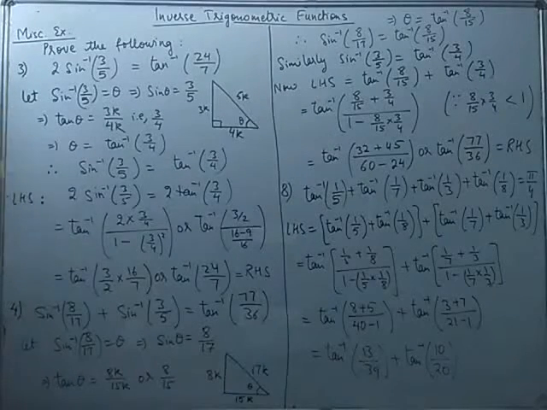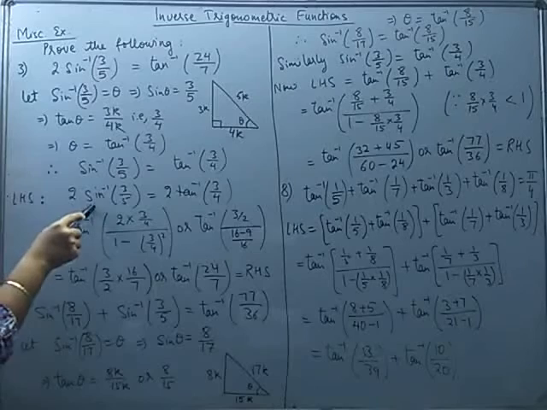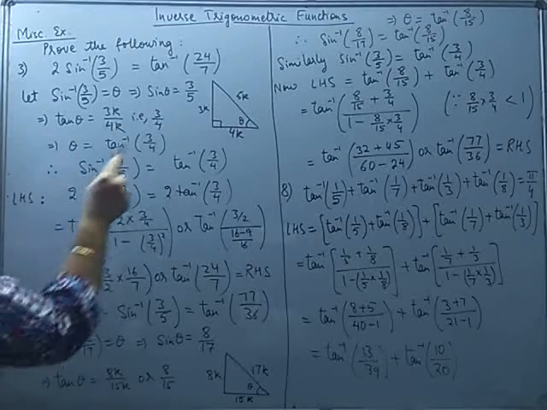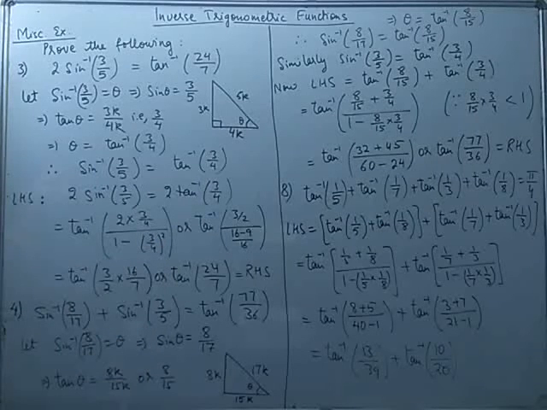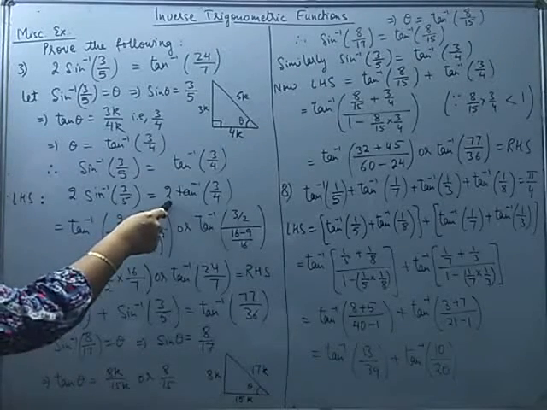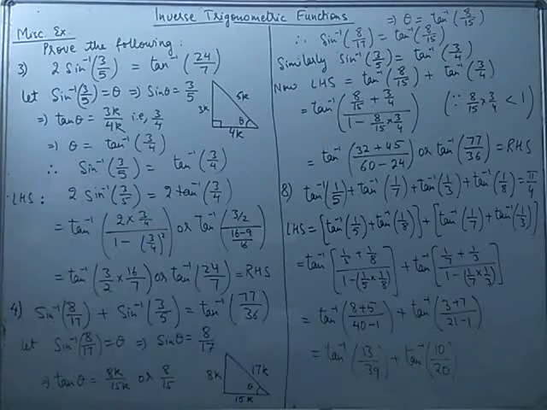Now getting back to the question, it was twice of sine inverse 3 by 5, which can now be written as 2 tan inverse 3 by 4. Please recall the formula for 2 tan inverse x. If you are unable to recall, break it into two parts. Write it as tan inverse 3 by 4 plus tan inverse 3 by 4, and then use the formula for tan inverse x plus tan inverse y.